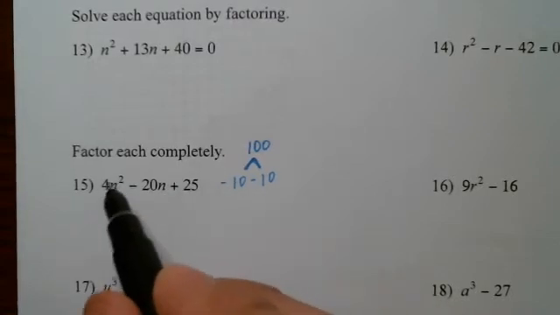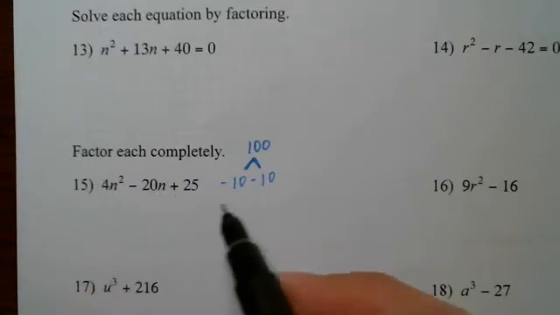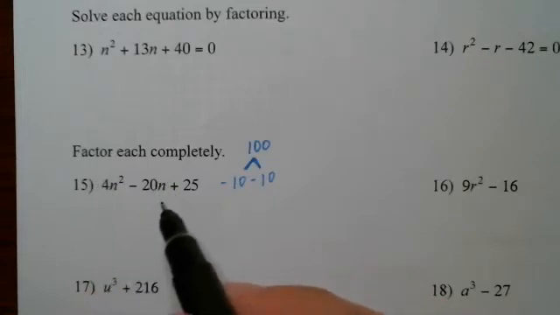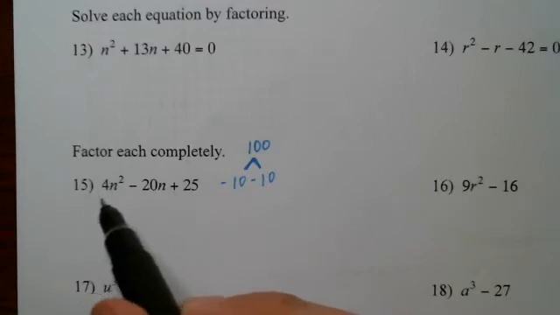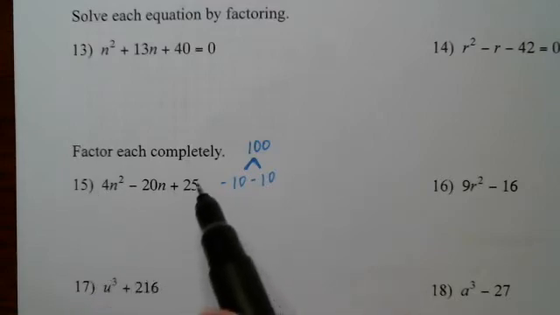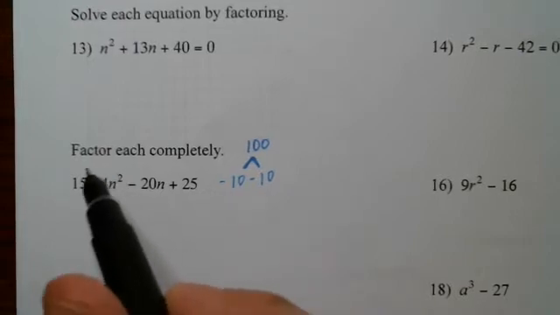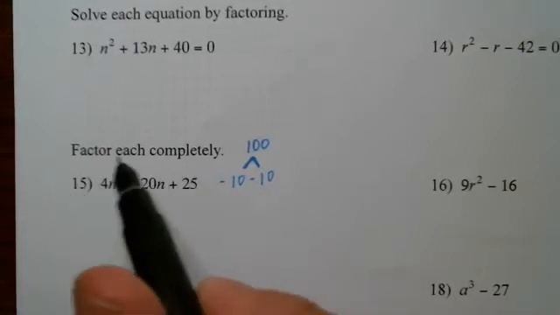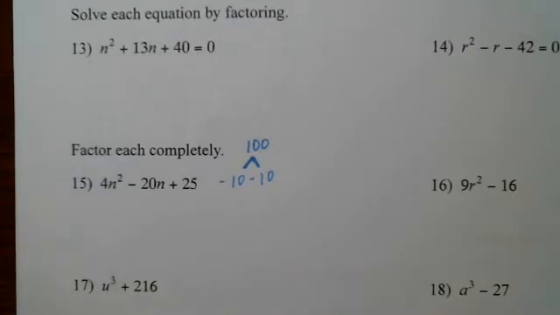Because the n squared doesn't have a 1 on it. So I couldn't just say n minus 10 squared. I'd have to go about it the other way. What do y'all want me to do? Do you want me to factor by grouping here, or just factor this knowing that it's a perfect square trinomial? Or both?